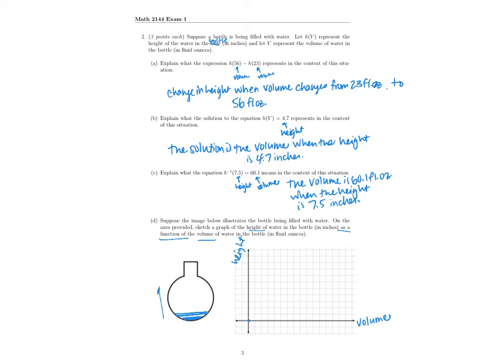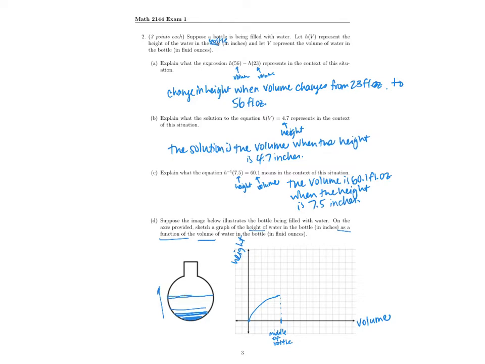So at first, changes in volume will affect changes in height a lot, and then it will taper off as it gets wider. When you get to the widest point, that will be the least steep place on the graph. So maybe right here corresponds to the middle of the bottle.